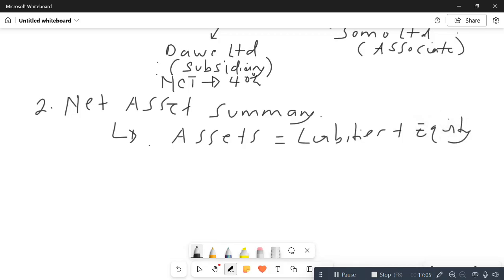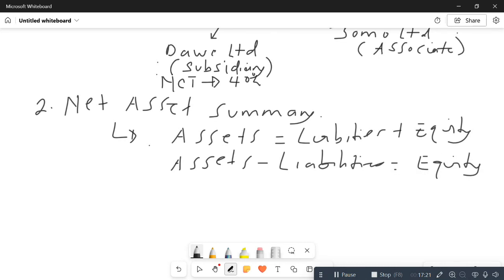If we take liabilities to the other side, we have assets minus liabilities equals equity. Meaning, when I subtract liabilities from assets, I come up with what we call net assets. So our net assets equal equity.